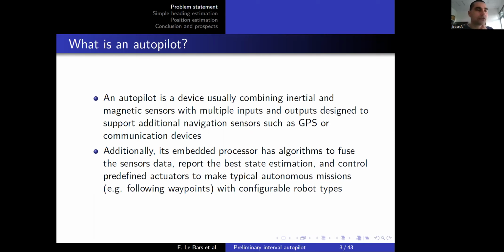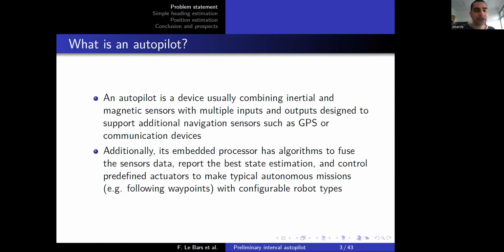The big addition is that inside the autopilot you also have a processor with control algorithms.